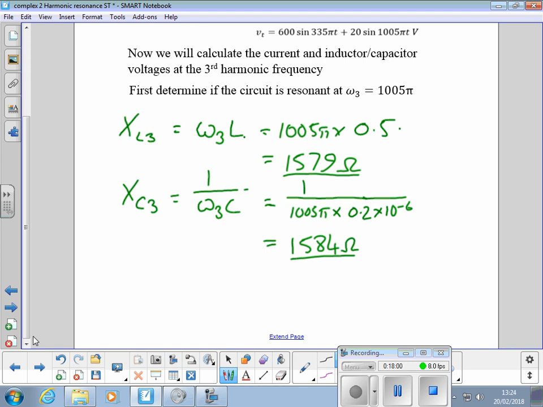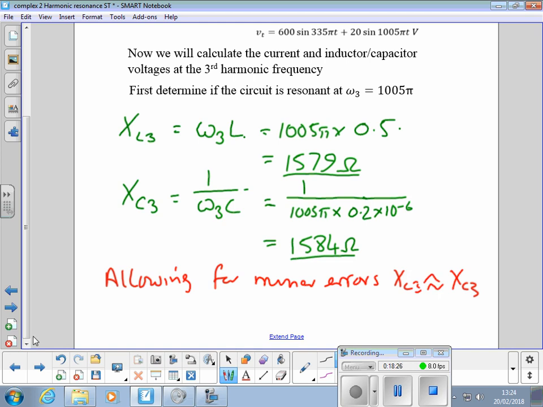We can say XL3 is approximately equal to XC3, allowing for rounding errors or minor errors, and therefore resonance occurs.